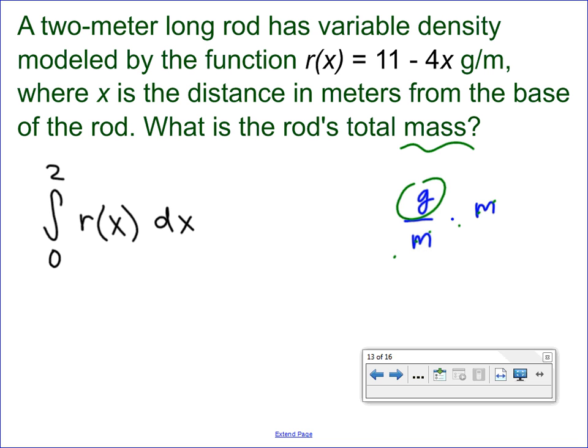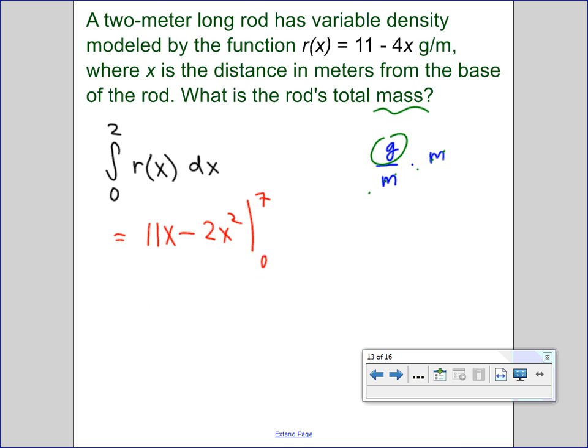I can probably even do this by hand. 11x minus 2x squared. Yes. All right. 22 minus 4 times 2 is 8, minus all the way through 0. I'm getting 14. Label? Grams. That's it.